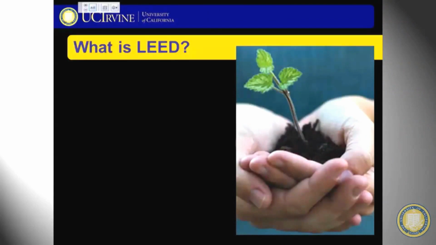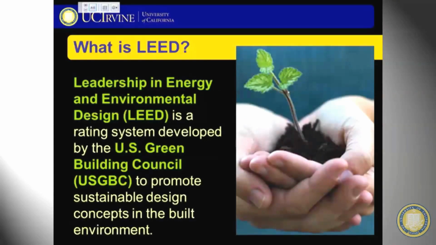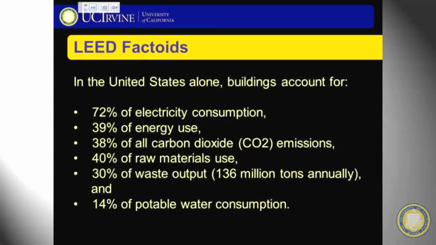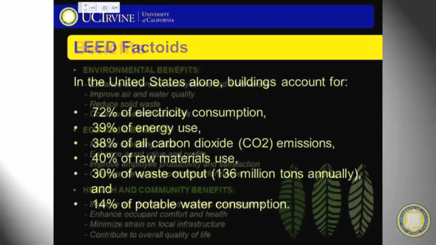So what is LEED? Well, we've heard all about that for about the last hour, so I won't go into that. It's Leadership in Energy and Environmental Design, and it is developed by the Green Building Council. We saw these statistics earlier, so I'm not going to repeat them, other than to say that what it adds up to is that buildings have a large impact on the environment.